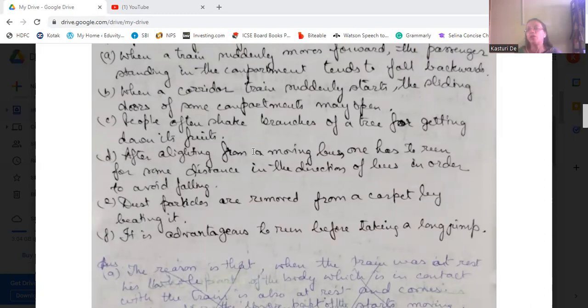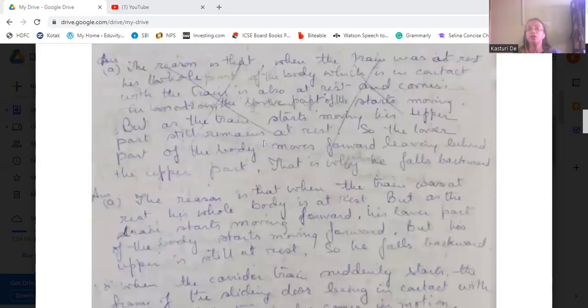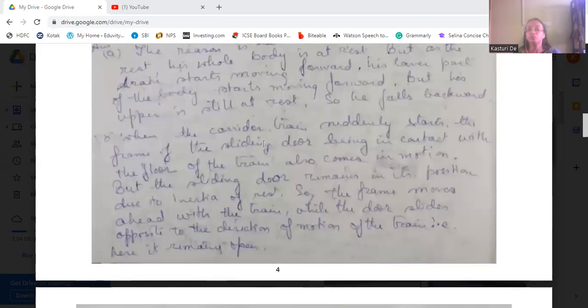But the door remains in its position of rest. Due to the inertia of rest, the doors remain in the state of rest, because they were in the state of rest before.